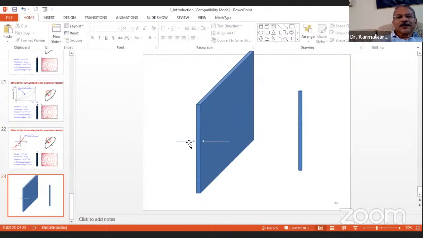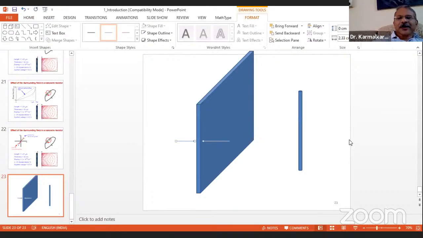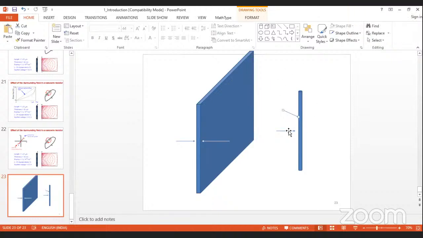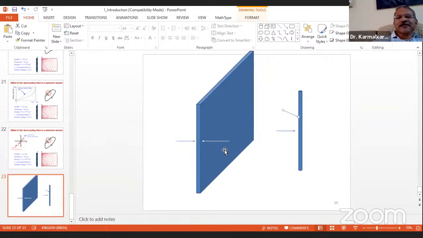But now if you want to show the confinement, it will be like this as well as coming in that direction also, right? All surrounding. The confinement will be from all sides, whereas here it is only one side. So that is why confinement in a wire is more than in a sheet.